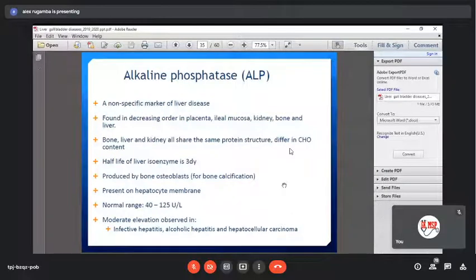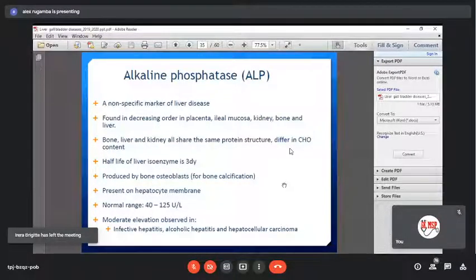So then let's talk about the liver enzymes that also help in liver metabolism, or in liver activities. For example, alkaline phosphatase. This is a non-specific marker of liver disease. It's found, in decreasing order, in placenta, kidney, bone, and liver.